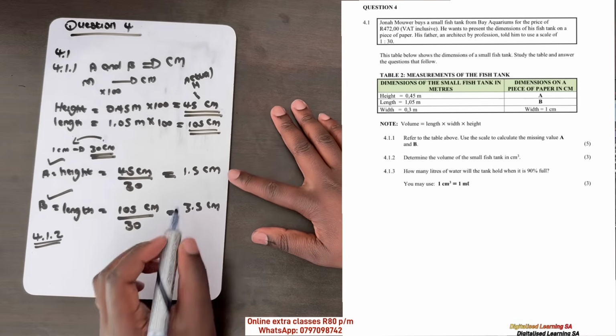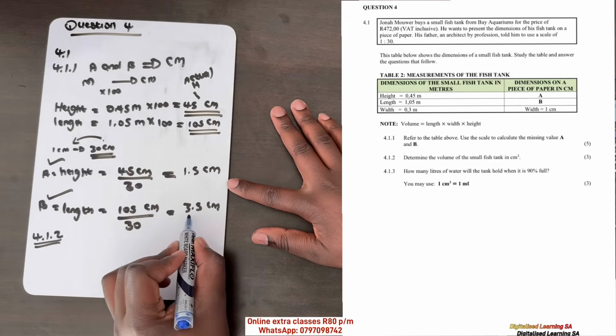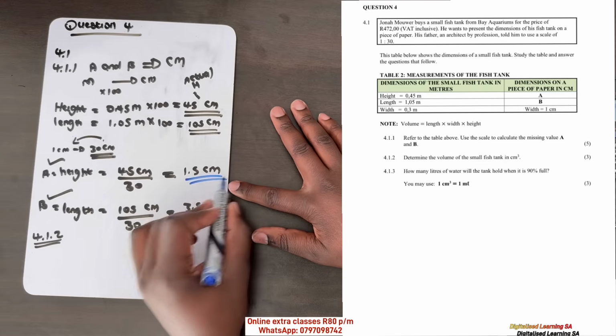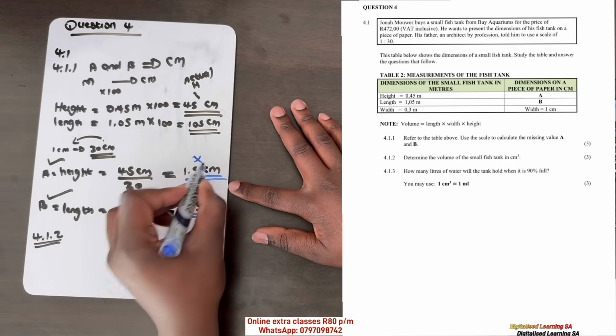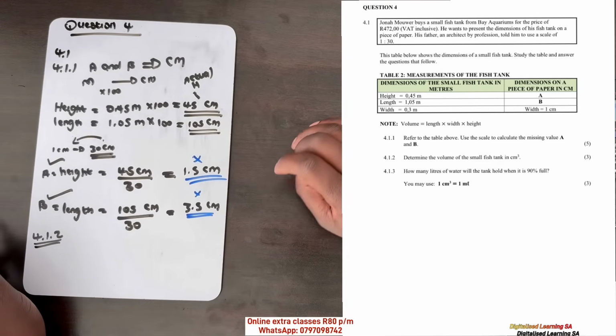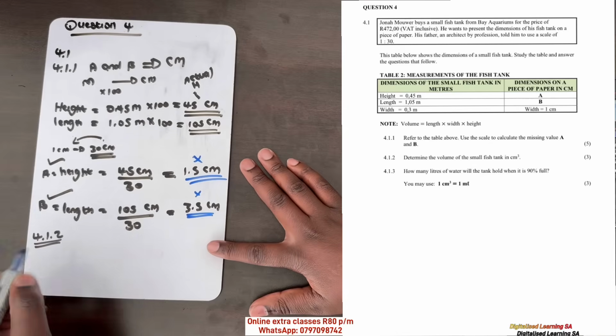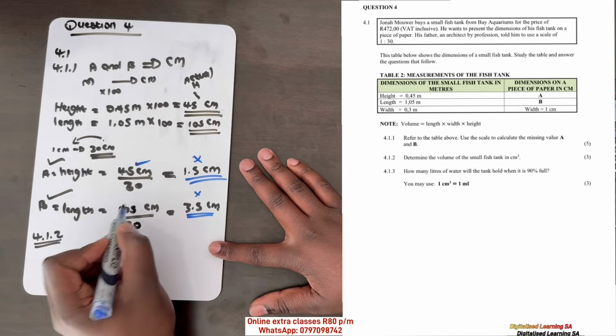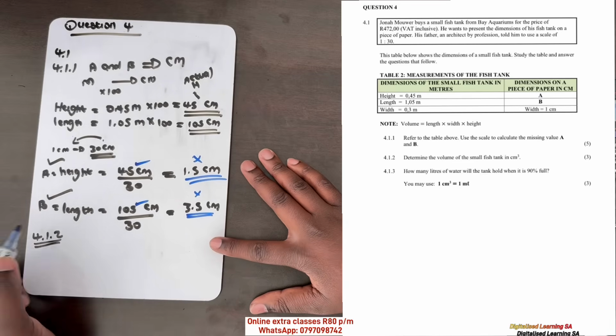Remember, in the first question we only needed to write it on a piece of paper. So now we don't need to use those ones. We need to use the actual ones in reality, meaning that we will use the 45 centimeters and 105 centimeters.